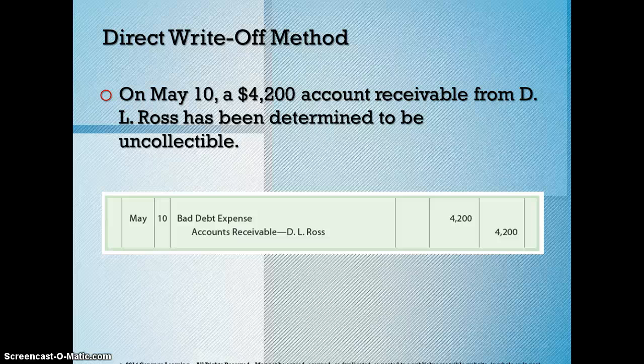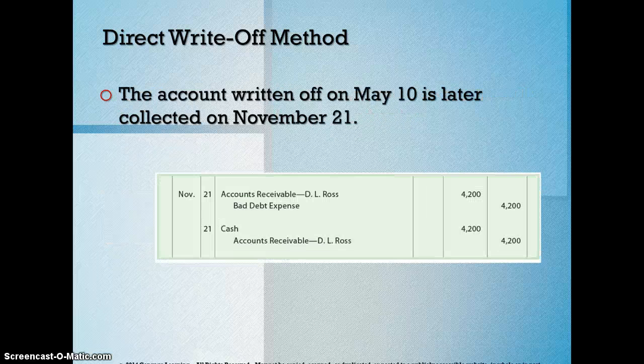May 10th, we've decided that there's no chance of us collecting this receivable from Ross of $4,200. So we put it into our expense account and we reduce his receivable amount. And then if we actually do get a hold of Ross and he does come in to pay, like maybe he wants to go buy a car and he realizes he has this bad debt on his credit report, and so he comes in to pay.